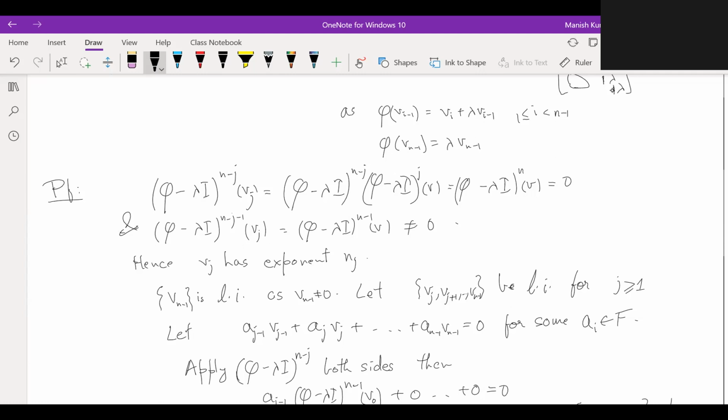Then we have to show that all these Ai are zero. So what you do is apply phi minus lambda I to the power n minus j to this equation. What will happen if you apply that?